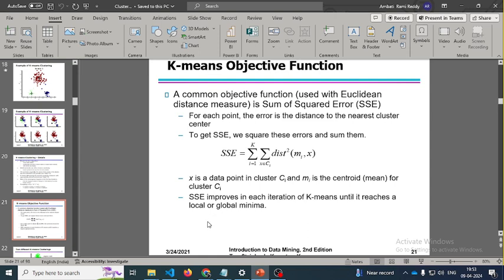Always you try to minimize the sum of squared error. You can repeat many iterations until you reach the global or local minimum. This is the k-means objective function.